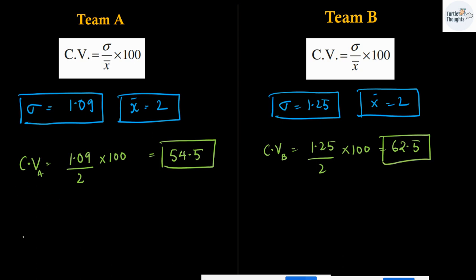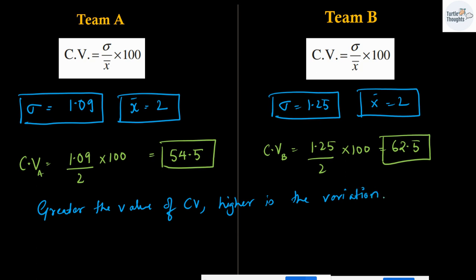Now I can write over here, greater the value of CV, higher is the variation. So from here I can see that team B has a greater value of CV compared to team A. So I can tell that team B is most variable, or variation in team B is more.